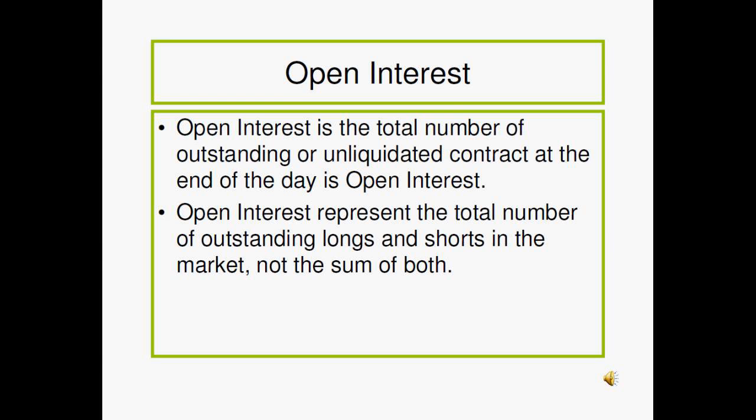If price goes up and open interest goes up, there is an addition of long position. If price goes up and open interest falls down, then there is an unwinding of position. That means squaring of position is happening comparatively. So open interest will only tell you whether the positions are unwinded or not.